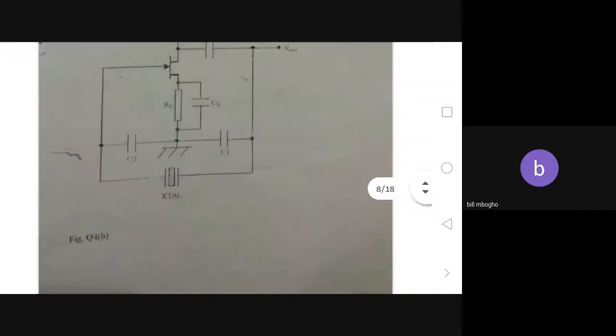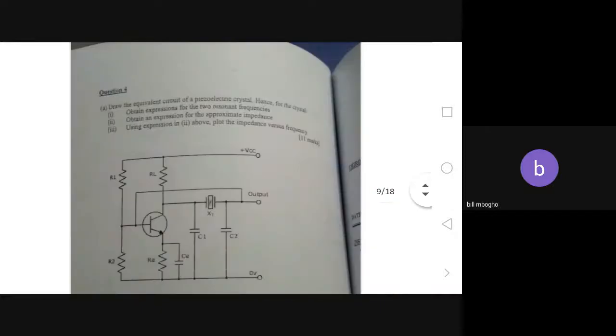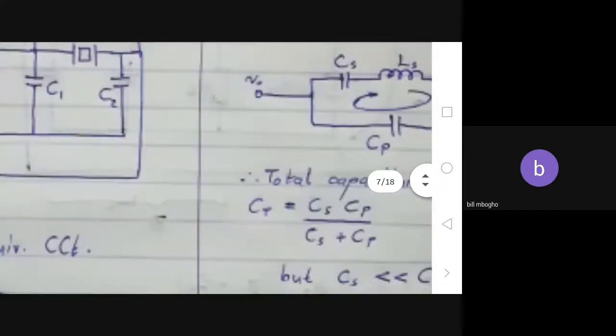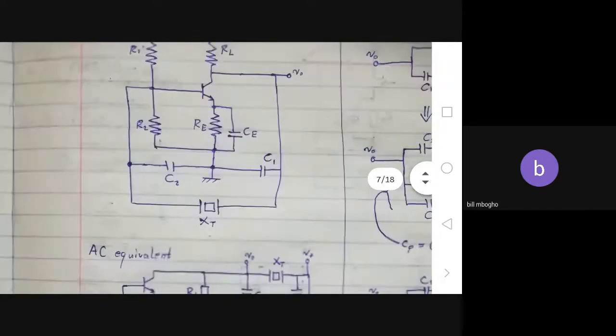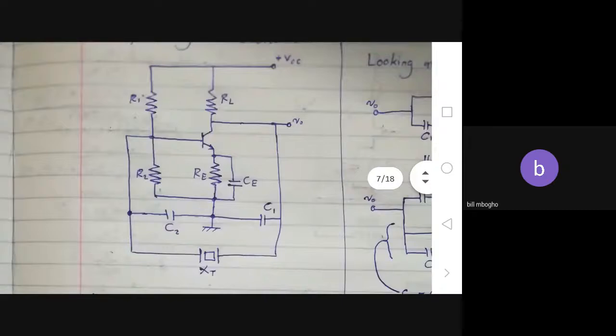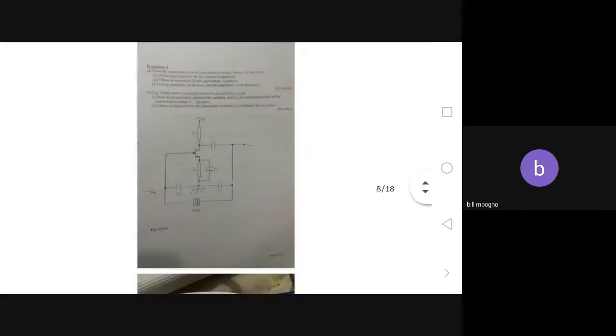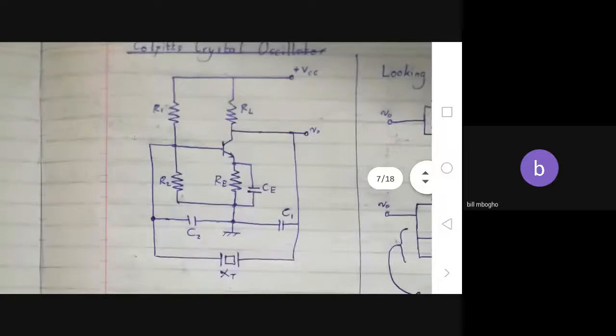So this circuit is the same as the one I drew before. Okay, the only difference is that this has the JFET. Here I drew it with a BJT, but it's more or less the same thing.